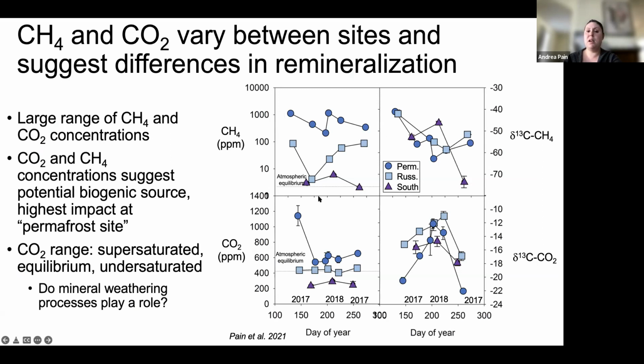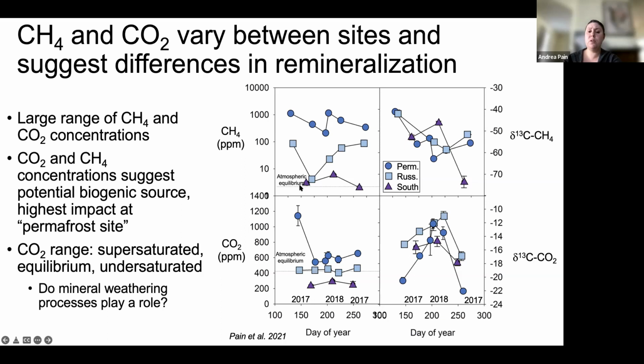The downstream site that also drains to the Watson River is also supersaturated with respect to methane, but at significantly lower concentrations, whereas the 3rd site has some elevated concentrations, but hovers much closer to atmospheric equilibrium.